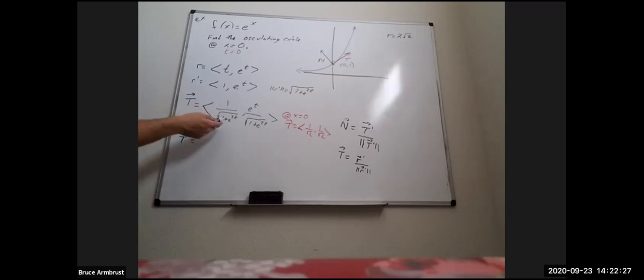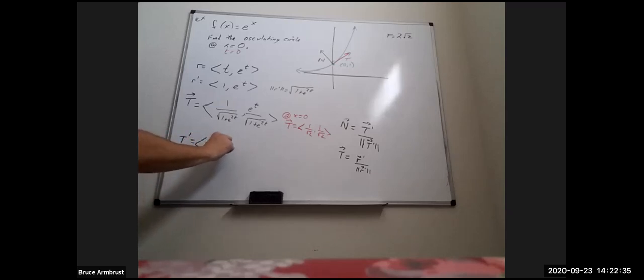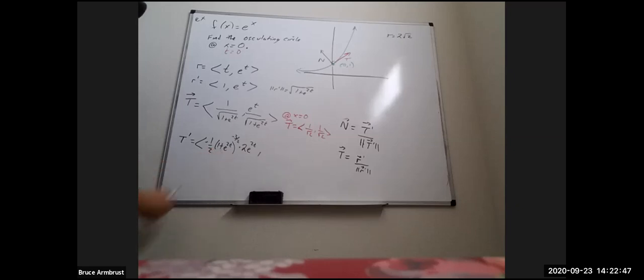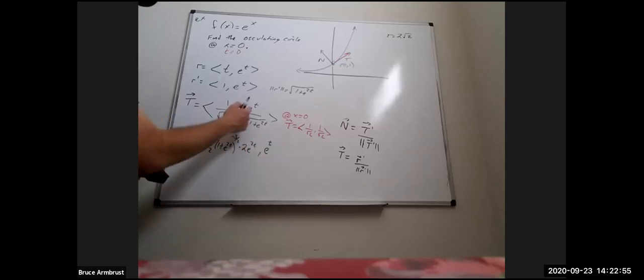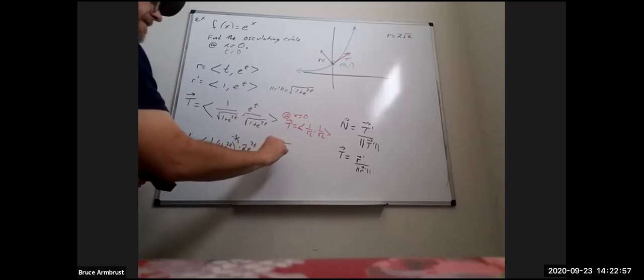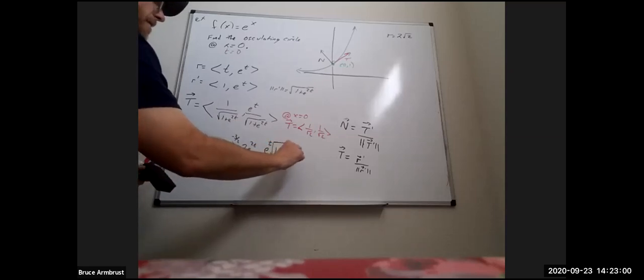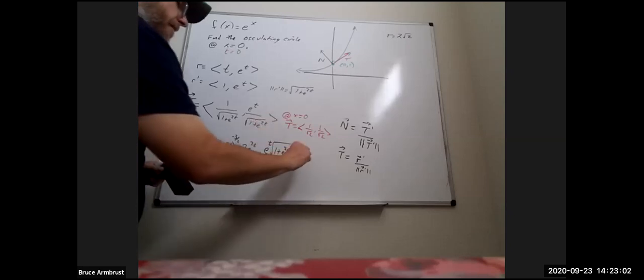So T prime, differentiating. This first one, let's think of this as a minus 1/2 power. So you get minus 1/2, 1 plus e to the 2t to the minus 3/2 times the derivative of what's inside, which is a 2 e to the 2t. So that's that guy. And then for the other one, we need to use the quotient rule. So the derivative of the top times the bottom, so e to the t times the square root, minus the derivative of the bottom times the top.